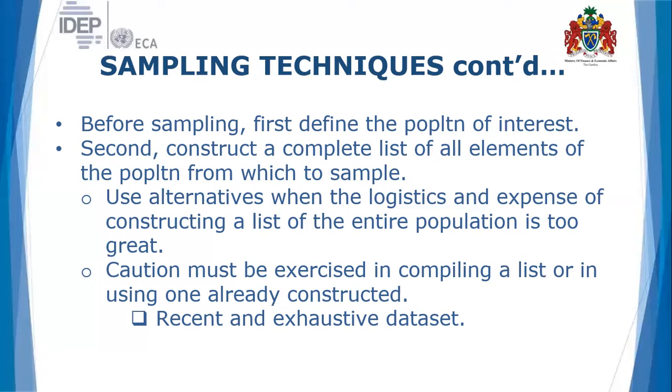In other words, instead of constructing a new list, going into a particular population where the evaluation will be conducted and start listing down the names of all the beneficiaries in that village or community or district or region, which might involve high cost or expenses of doing that exercise, evaluators can consider alternatives. Maybe there's already an existing list of beneficiaries or participants or members of that population.